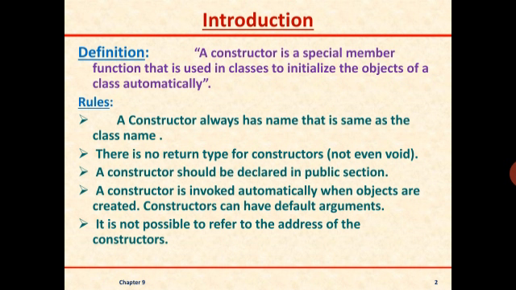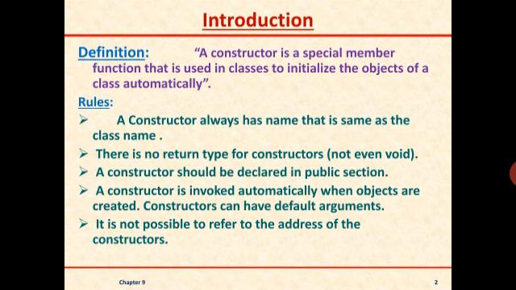Initialized means the starting value can be given automatically. To do that, we need to follow certain rules. The definition and the rules are important. The definition is asked for 1 mark and rules are asked for 2 to 3 marks. So you have to remember the rules.